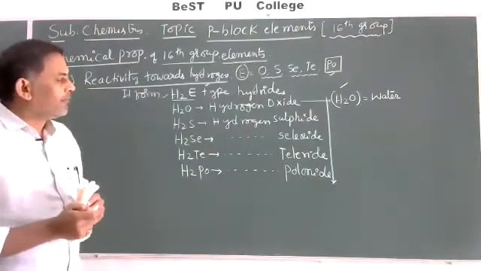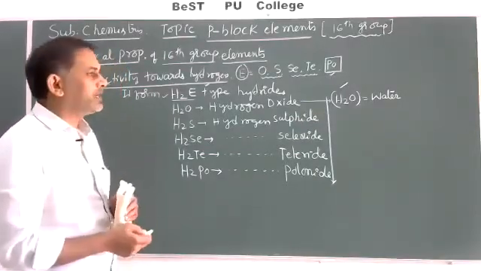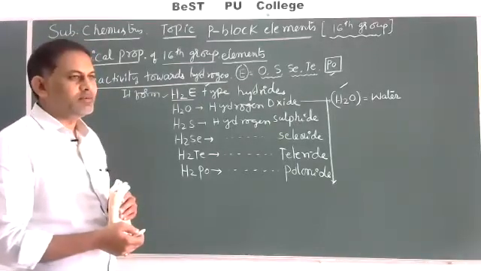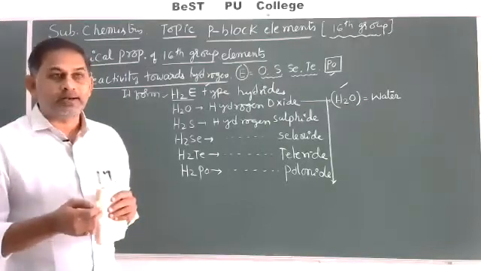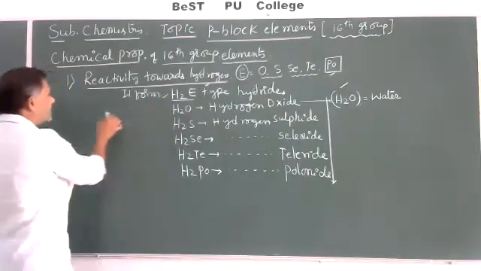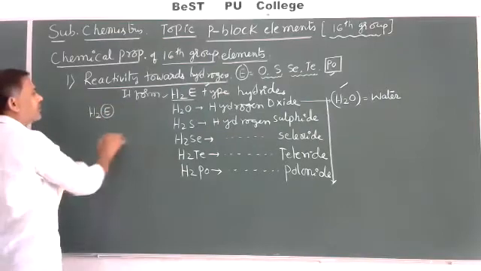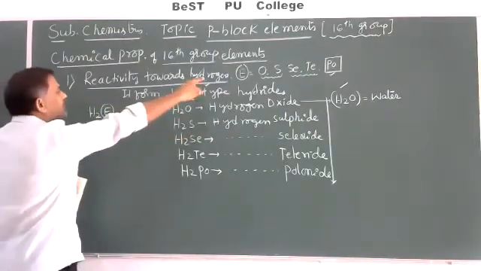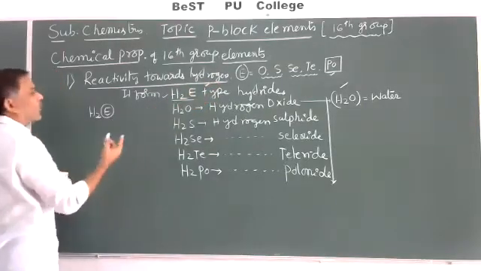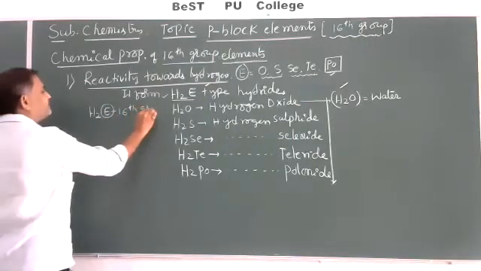Already for 15th group elements, hydrides like ammonia, phosphine, arsine, stibine and bismuthine were explained. Similarly, the first one is H2E, where E is the central element of this hydride, either oxygen, sulfur, selenium, tellurium or polonium. Here it is a 16th group element.